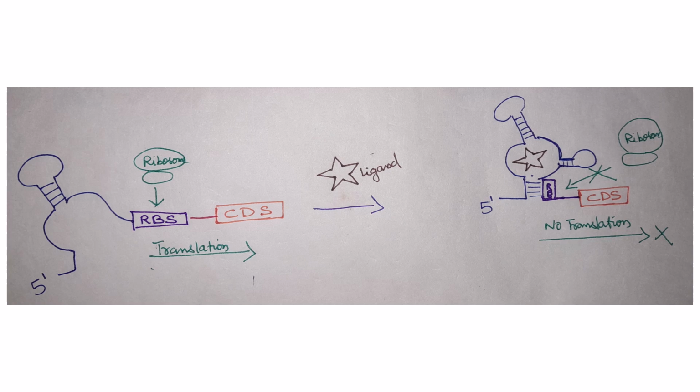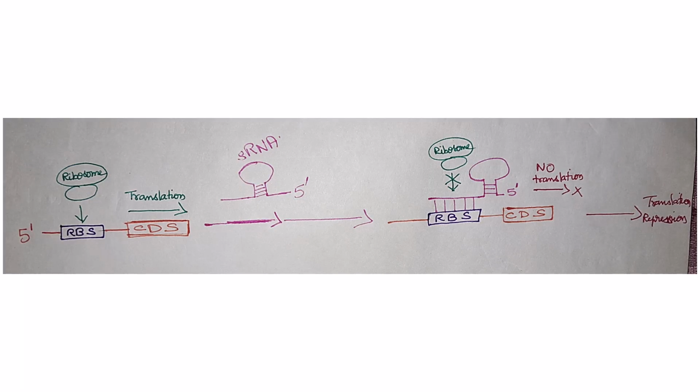Now this is the cis-acting one, which means you have the trans-acting one also. Trans-acting regulation also involves regulation of the mRNA translation, and it is also involved in making the bacteria adapt to changing environmental conditions or stress.